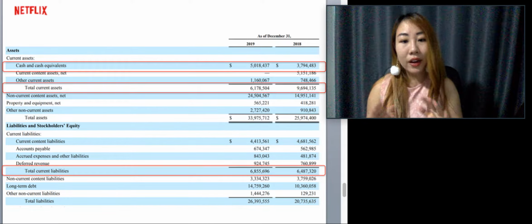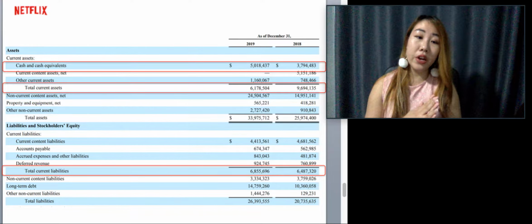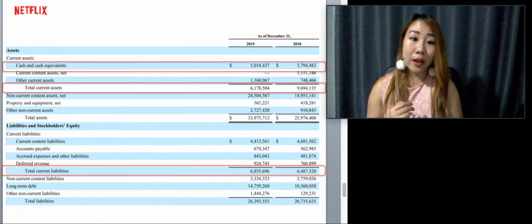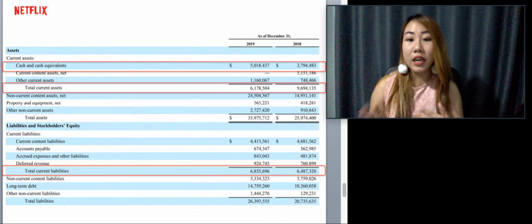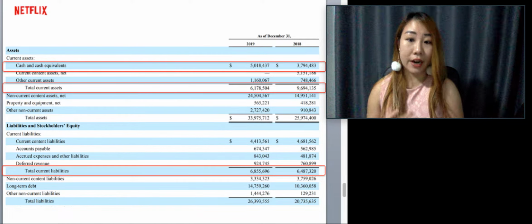It's still okay, because 6.1 divided by 6.8 is pretty close to 1, which is decent. Given Netflix's position, I wouldn't be too worried, because I expect them to be able to raise enough funds if they needed to pay off the current liabilities.